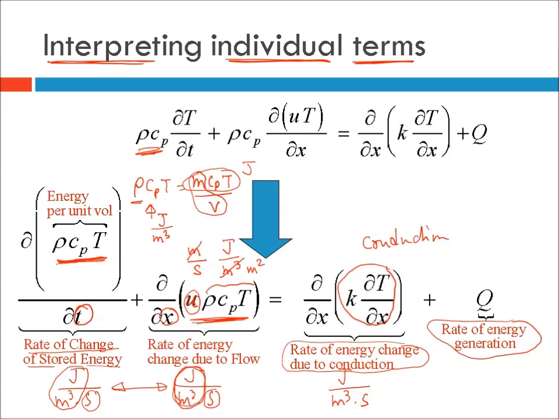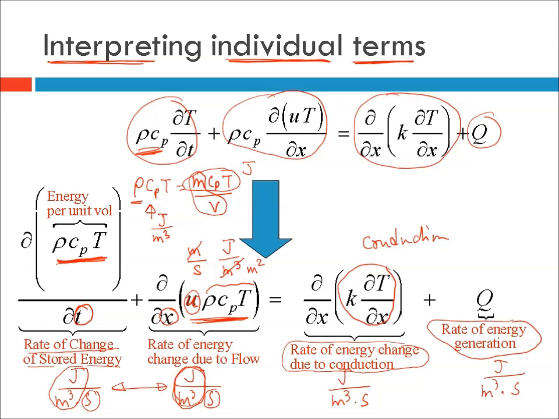Remember, the unit for this is also watts per meter cube, which is joules per meter cube per second. Okay, so I want you to see that each term has a particular physical meaning that's very direct. That's all it represents. It just represents a particular physical process in the equation.